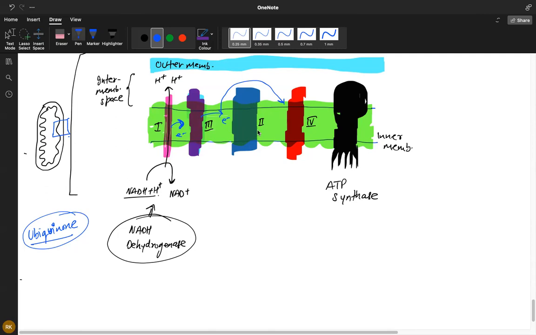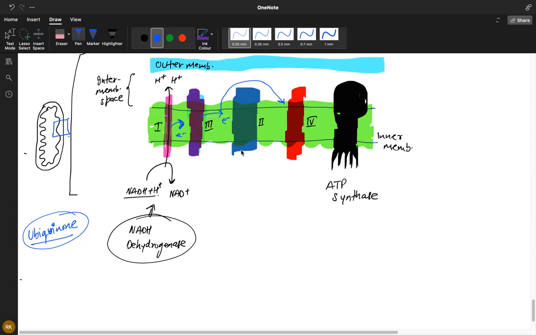And write down the next line after ubiquinone, that ubiquinone receives reducing electrons through FADH2 in complex 2. That is a function of complex 2.